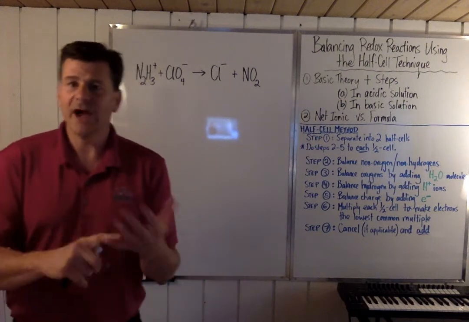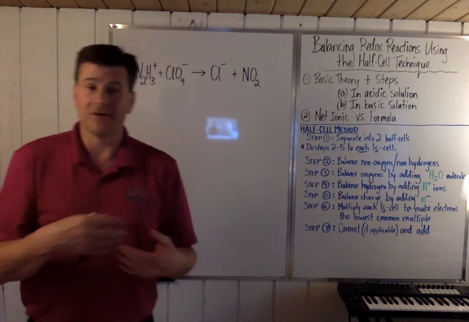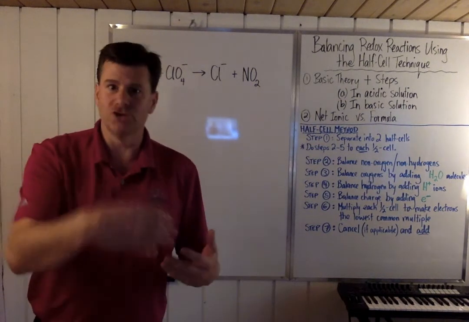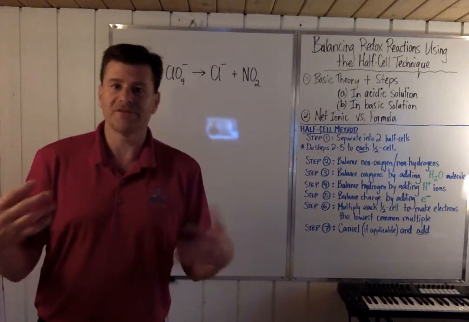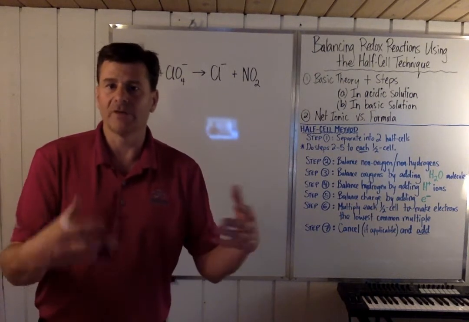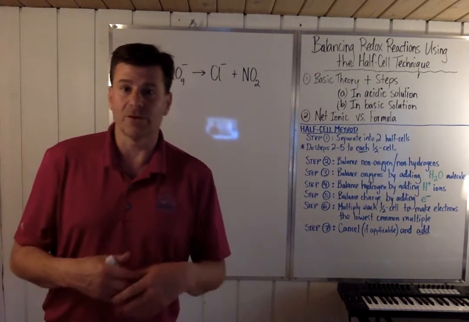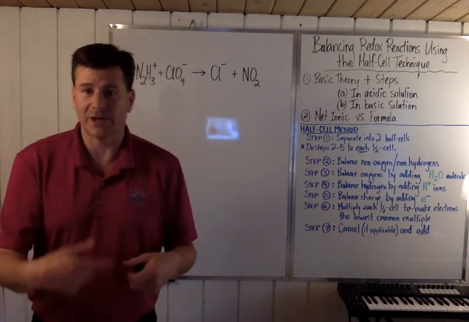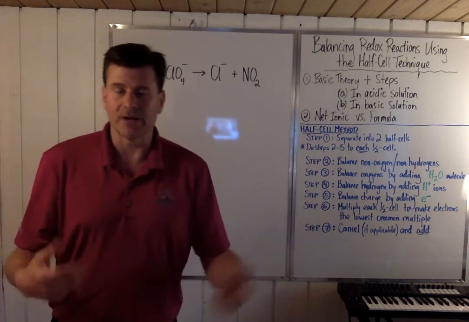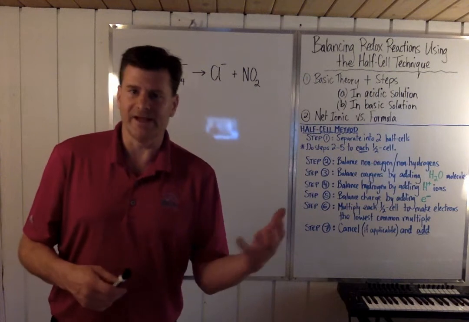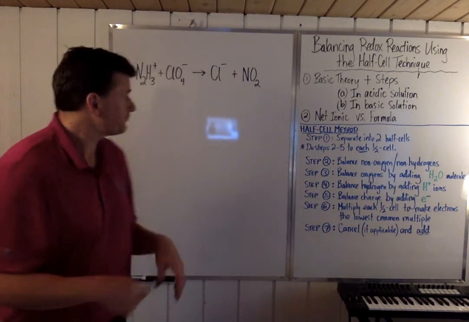Oftentimes, hydrogen and oxygen, being really high on the priority list, are not part of the reaction. They're just along for the ride, forming bonds to form molecules. Because they have such high priority, it's unlikely they're changing. Unless you've got one in elemental form, chances are it's not changing.